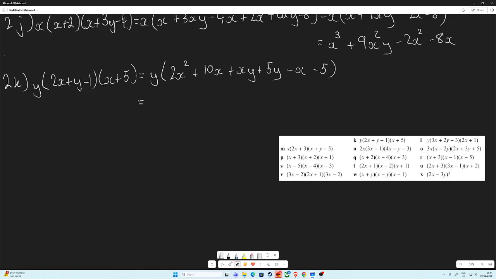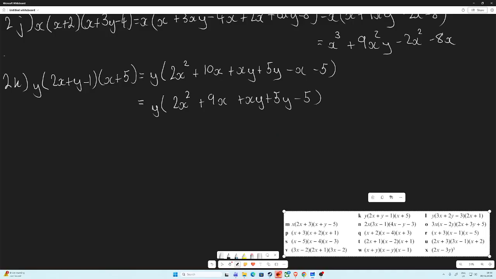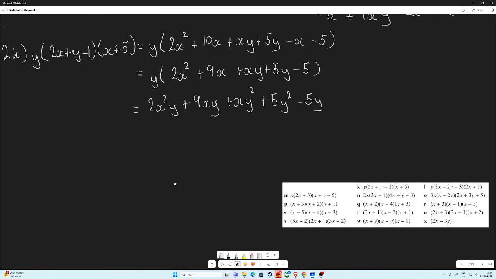So that equals to y times 2x squared plus 9x plus xy plus 5y, take away 5, which of course gives us, this will get long now, 2x squared y plus 9xy plus xy squared plus 5y squared minus 5y. Okay.